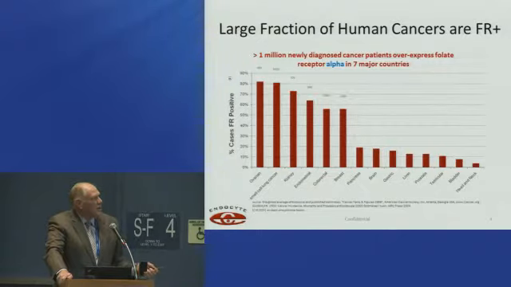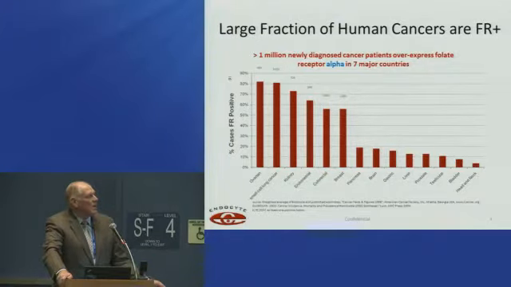This is cumulative data on folate receptor expression in different cancers: ovarian cancer, small cell lung cancer, kidney, endometrial, colorectal, and breast. These all seem to express fairly high levels of the receptor. Then there are other cancers that express very low levels, and it's these cancers that really cannot be targeted with a folate-linked imaging or therapeutic agent.